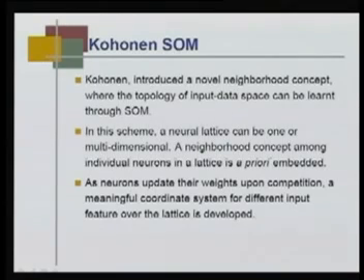Kohonen introduced a novel neighborhood concept where the topology of the input data space can be learned through a self-organizing map. In this scheme, a neural lattice can be one or multidimensional. A neighborhood concept among individual neurons in a lattice is a priori embodied. As neurons update their weights, a meaningful coordinate system for different input features over the lattice is developed.